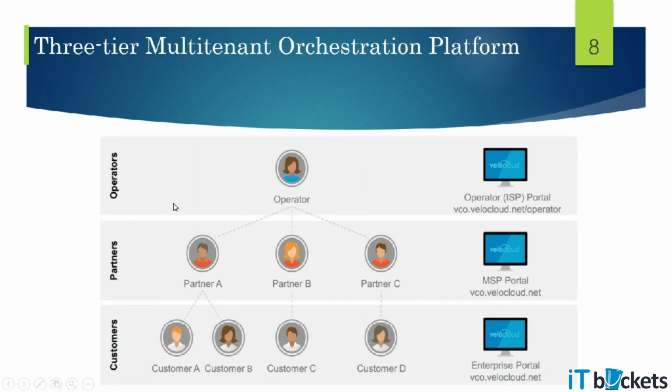It shows the orchestration platform in a multi-tenant way. It means everybody has different portal access as per services. The operator has a different portal to access the orchestrator, and the partner has different portals, like the MSP portal, and partners have sub-customers like A and B to provide access to the orchestrator from different portals.